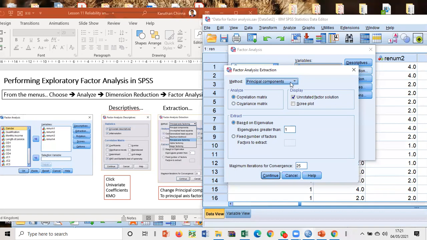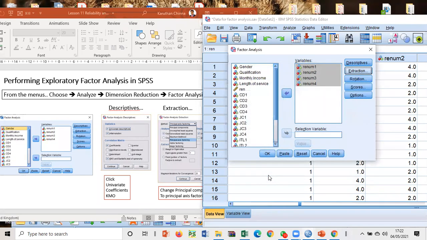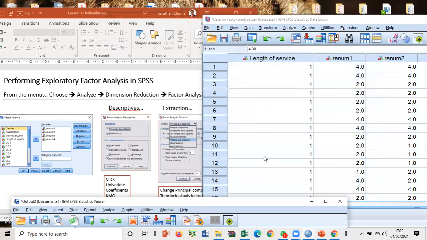This is formative. Change it to, most of the time, principal axis factor. Remember, principal component is for formative indicators, but ours is reflective indicators. So choose this and click OK. That's all.